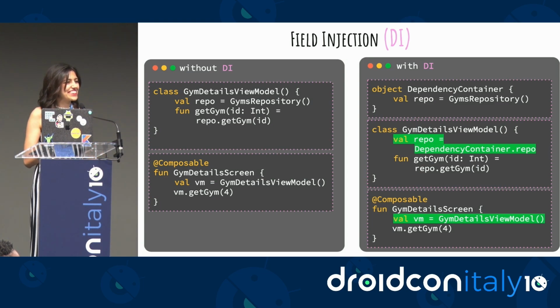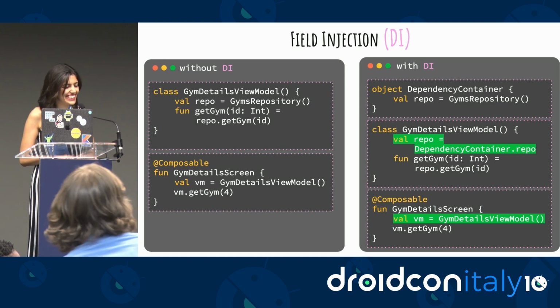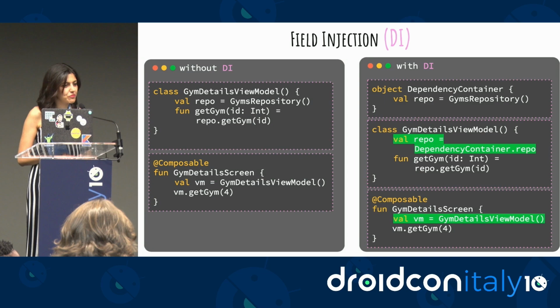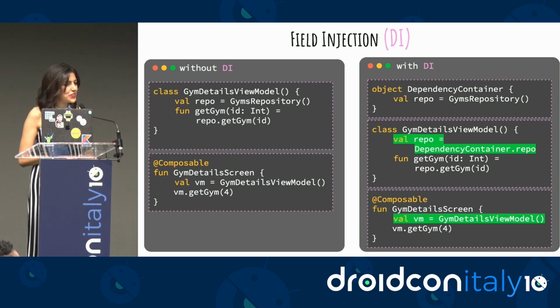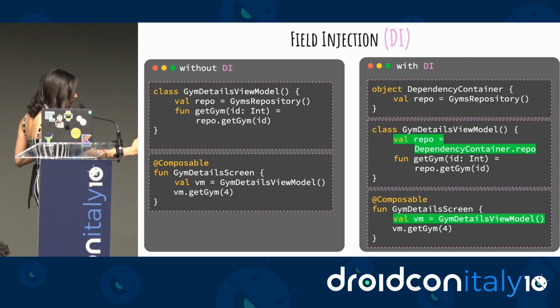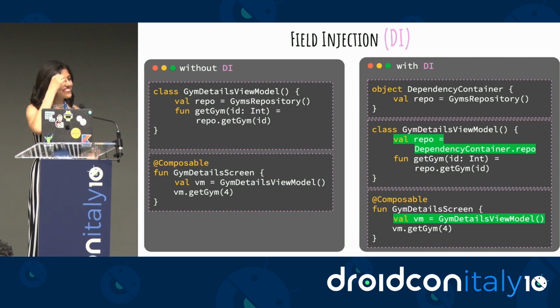Yes, okay, thank you very much. So based on some conditions, we may want to provide a different implementation of that class. Well, thank you. Yeah, that's it. That is one of the problems.